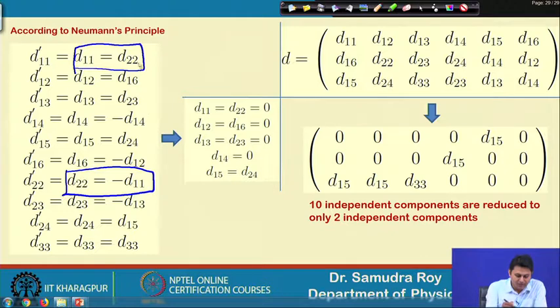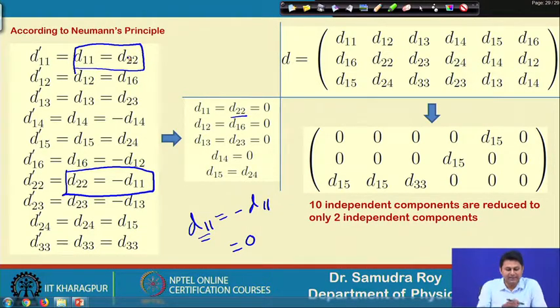If I compare these two equations, we readily find D11 is equal to minus D11. It is never possible that D11 equals minus D11 unless D11 is 0. The only solution of this equation is D11 equal to 0. So D11 is 0 means D22 is 0.